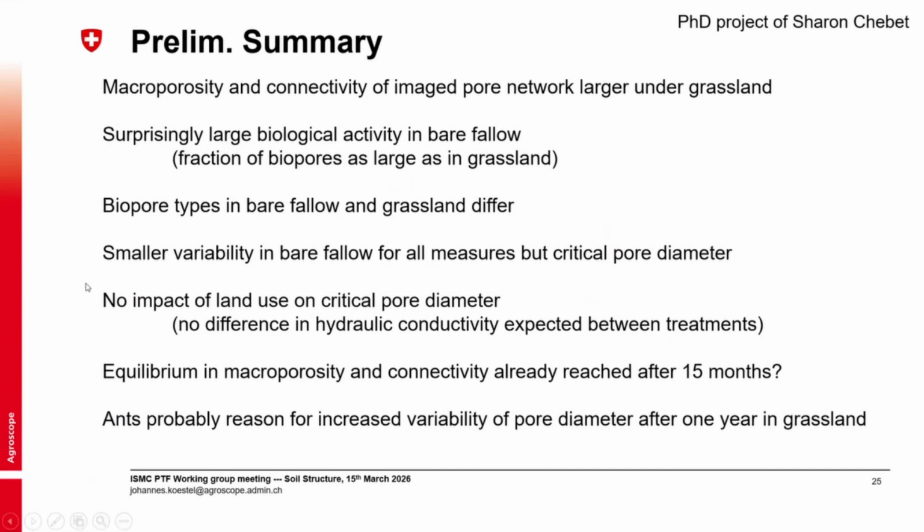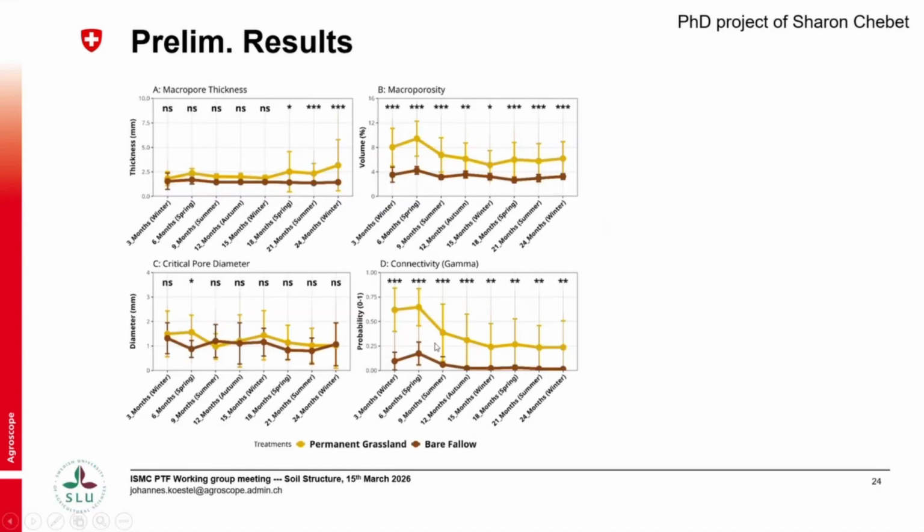Again, you see that there's much smaller variability in the bare fallow in most measures that we measured, but the critical pore diameter, which was not affected by the land use. And then I thought, maybe, do we see something like an equilibrium if you look here at the macroporosity that has established maybe after the first year?